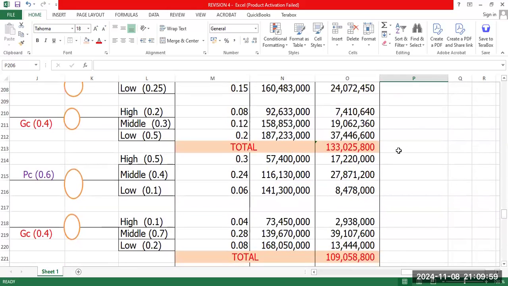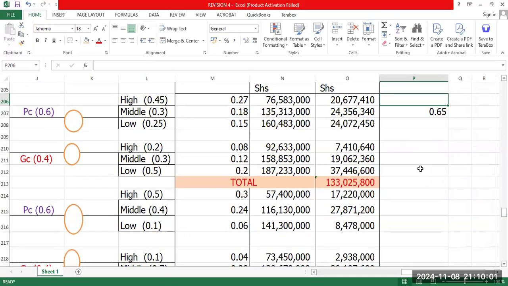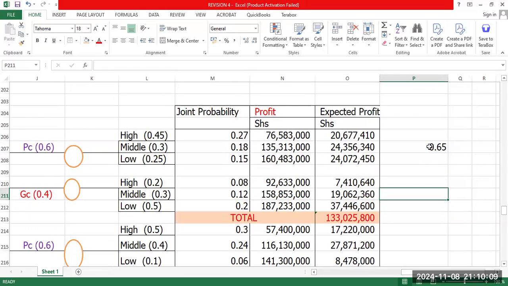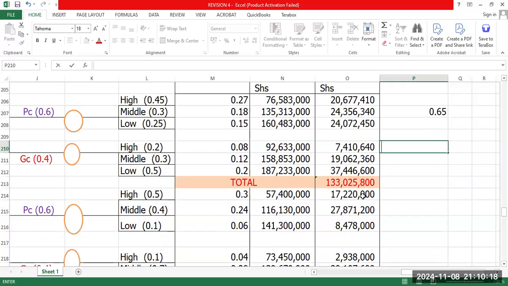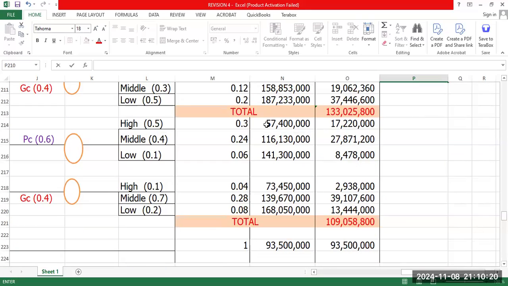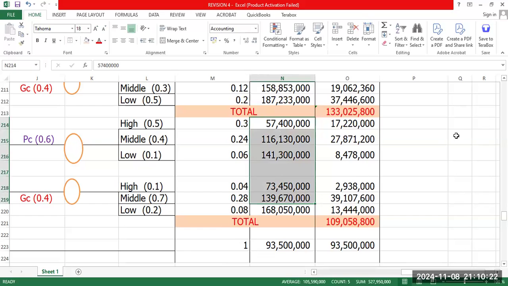What about agency banking? Agency banking, we do the same. Agency banking, we are here, from here up to here.